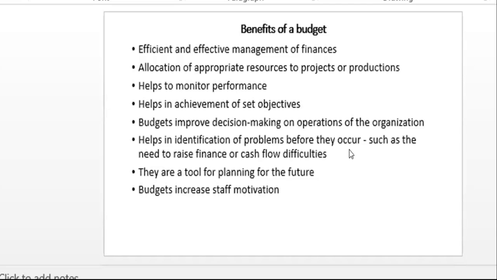Then secondly, allocation of appropriate resources to projects or productions. We are able to give appropriate resources. And it's normally practical that whenever we are preparing budgets, we give some allowance for occurrences that are not expected, like inflation, likely to affect the figures that we are budgeting.